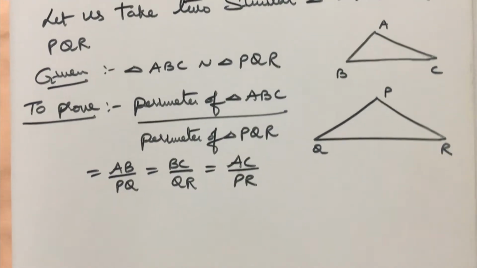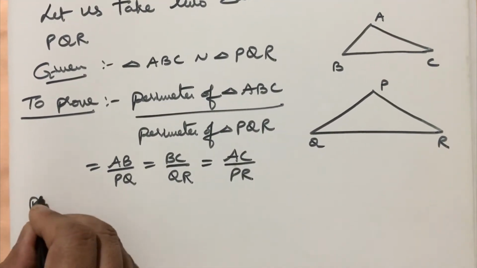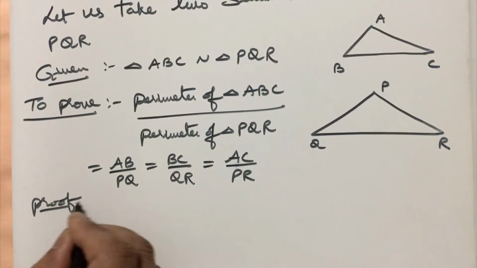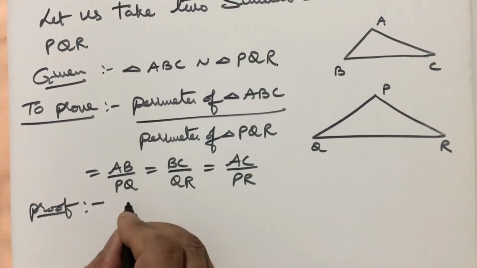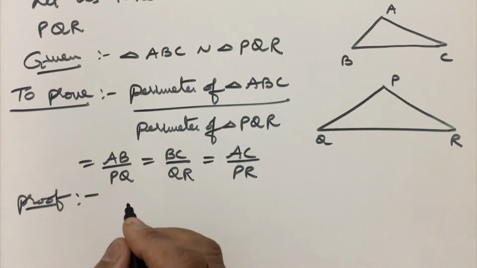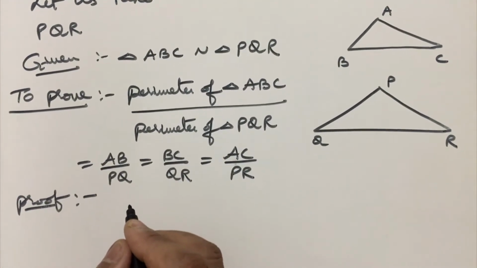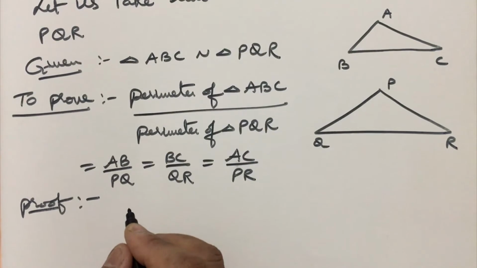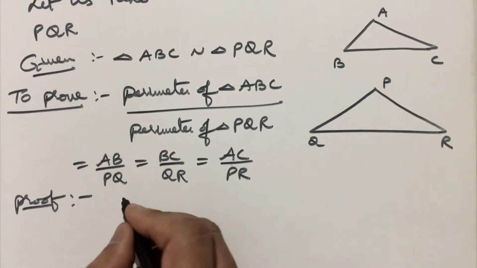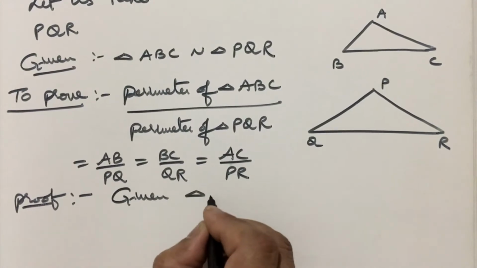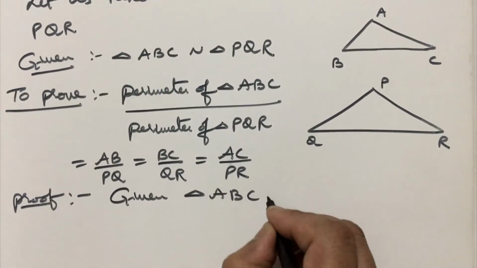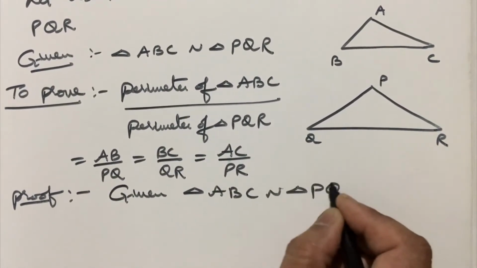Okay. And for this, coming to the proof, we all know very well that if two triangles are similar, then the ratio of their corresponding sides are proportional, and their corresponding angles are equal, right? So here it is given that triangle ABC is similar to triangle PQR.